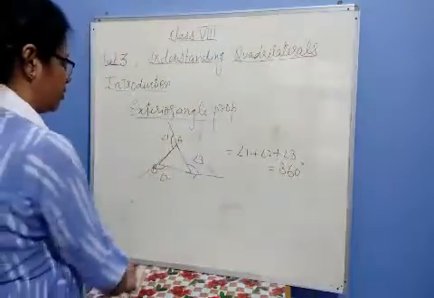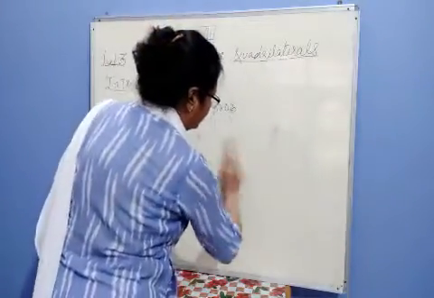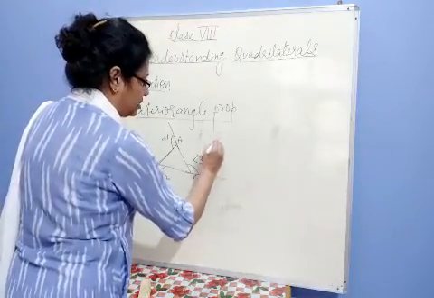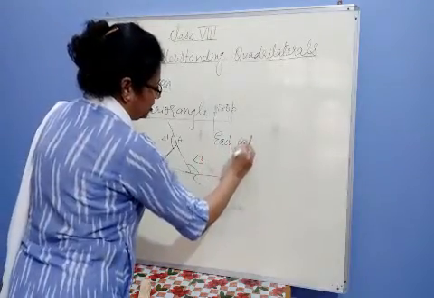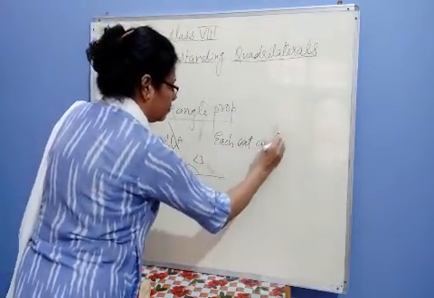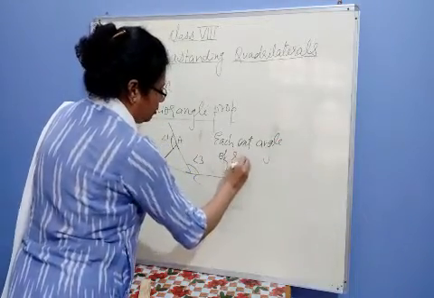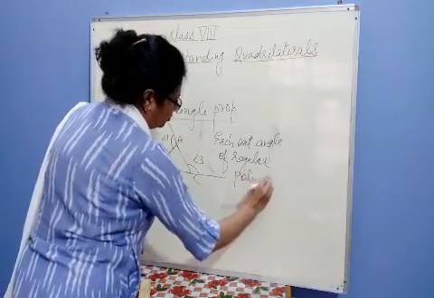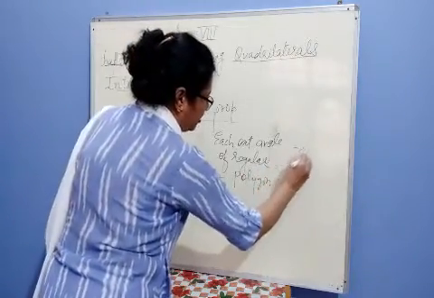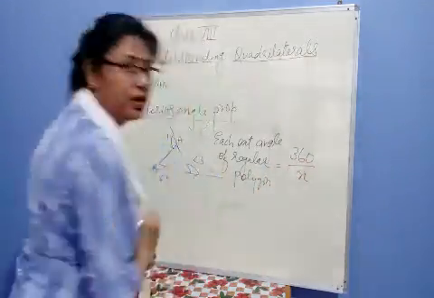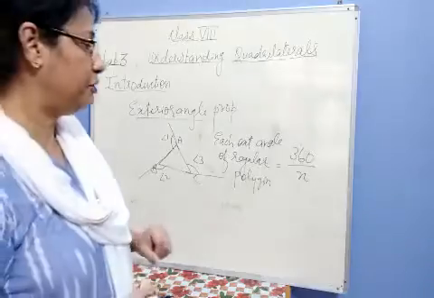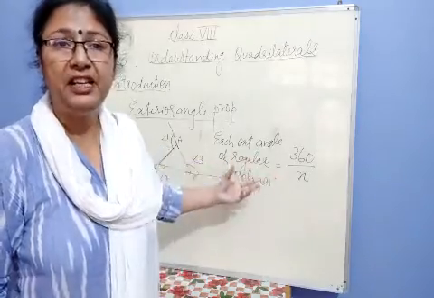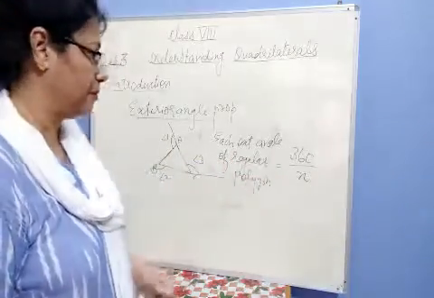With the help of this property we can find some very important formulas. If you want to find each exterior angle of a regular polygon, it will be equal to 360 upon the number of sides. So if you divide 360 by the number of sides, you will get each exterior angle of any polygon.